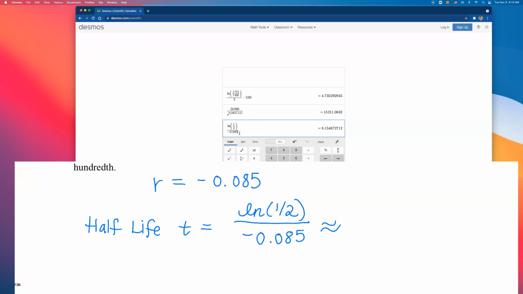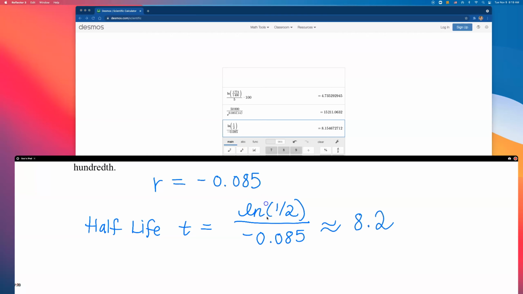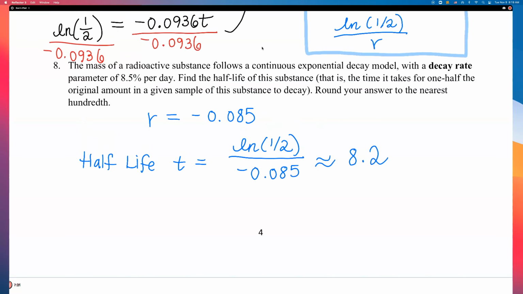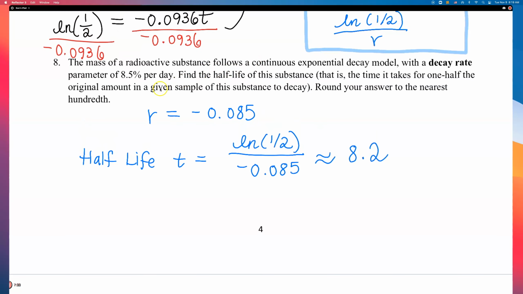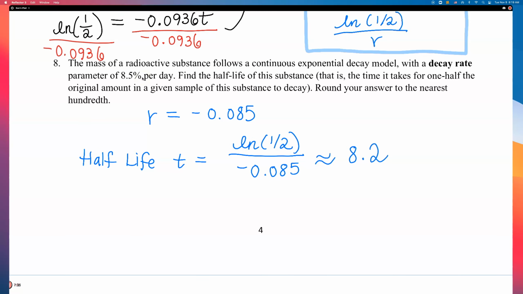With 0.85, that comes out to be about 8.2. I have to double check the time unit. Is it in years, months, or days? It says per day. So it's going to take 8.2 days for this radioactive substance to become half of what it started from, half of the original amount. And that concludes lesson 3.6.